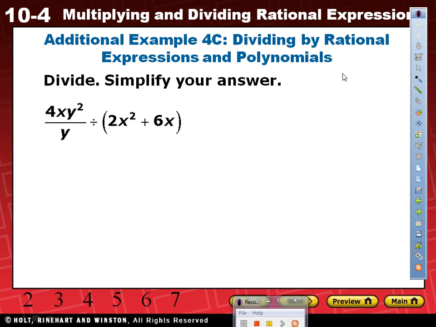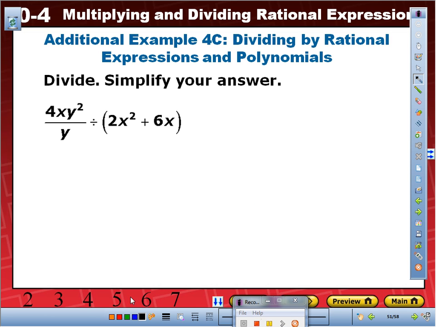4x y squared over y divided by 2x squared plus 6x. Do this one together and let me get you started. I'll do the first step for you. Okay. Once again, what are they indicating? It's division. That means we need to rewrite it, don't we?